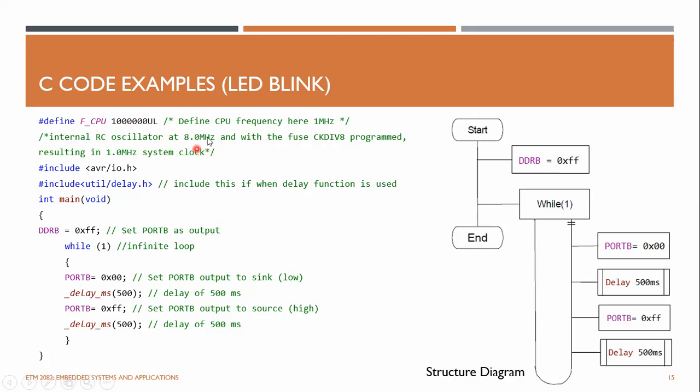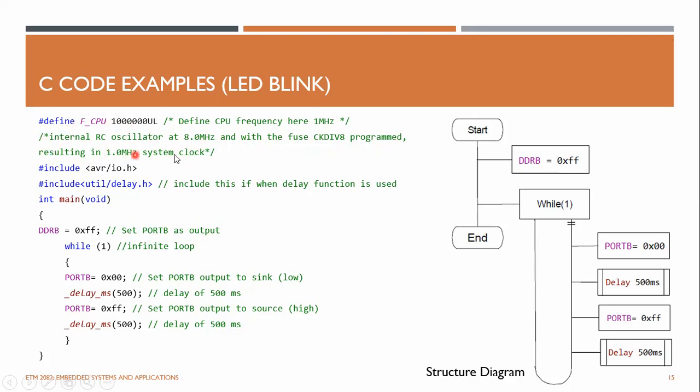If you use the internal clock, that frequency is 8 megahertz, and you can use 8 megahertz, but make sure this register bit is unprogrammed. By default, this chip comes with this bit programmed, which means the internal oscillator frequency is divided by 8, resulting in a 1 megahertz system clock.